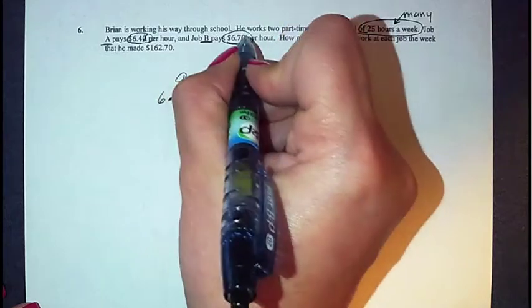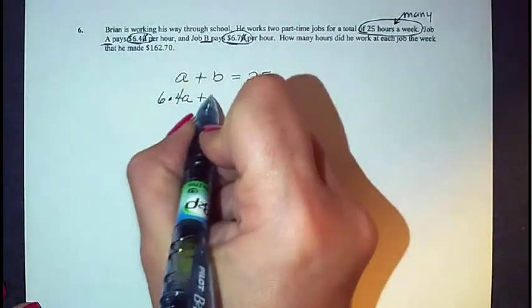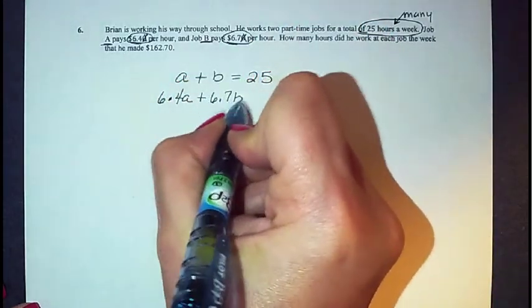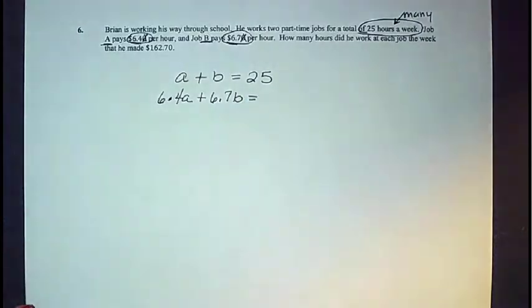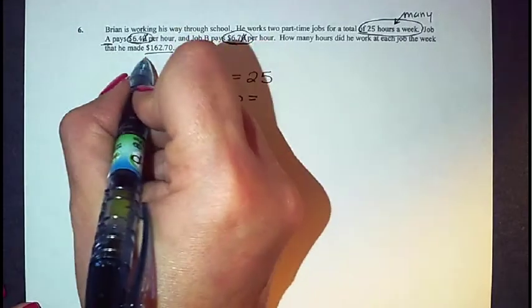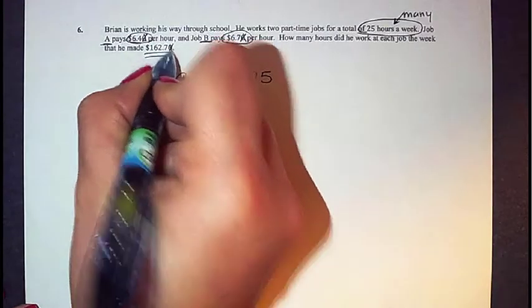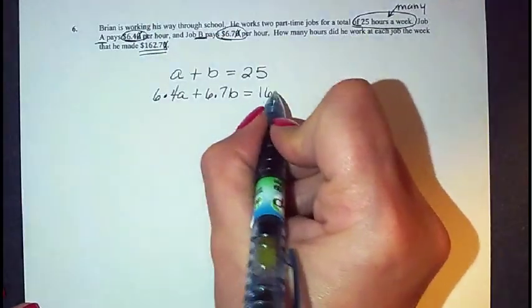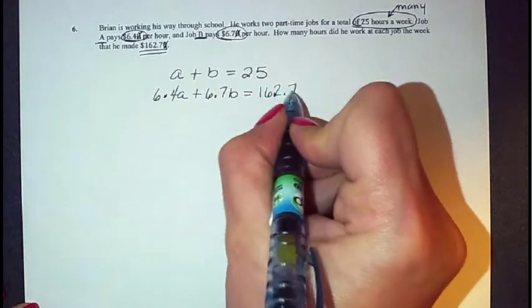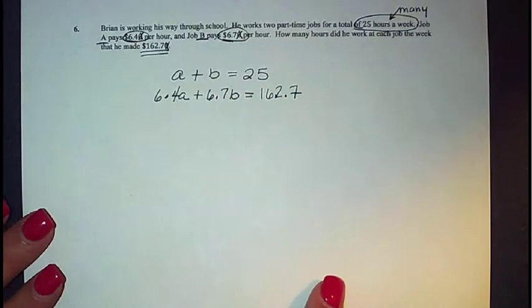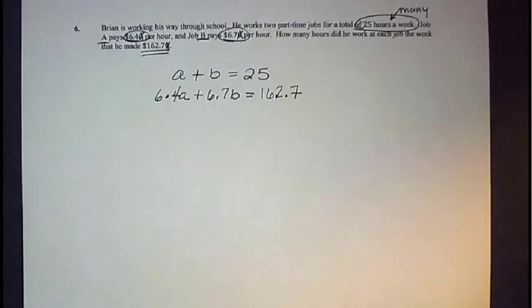Plus, Job B pays him $6.70. Again, we can drop that last zero and just say 6.7B. And he made $162.70. Again, we can drop that last zero and just do 162.7.